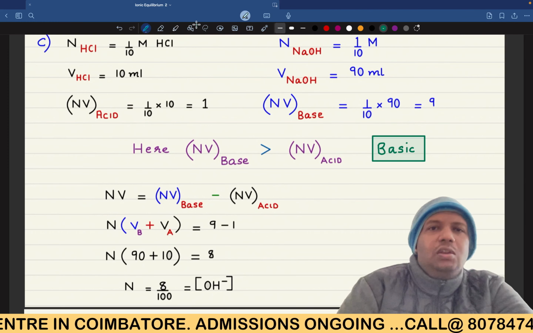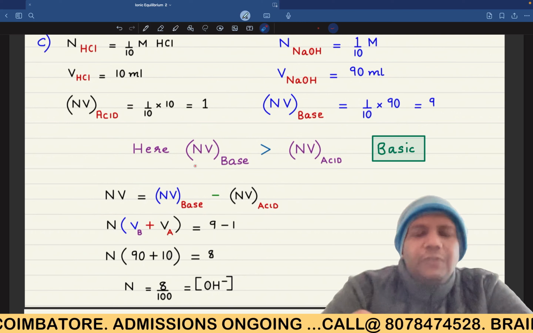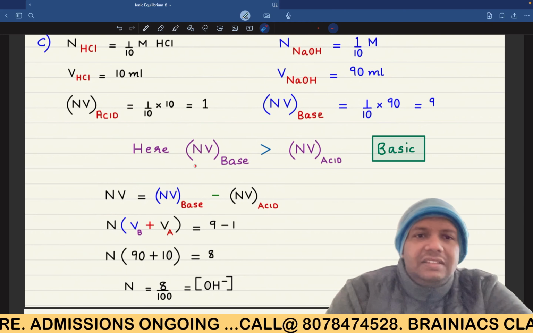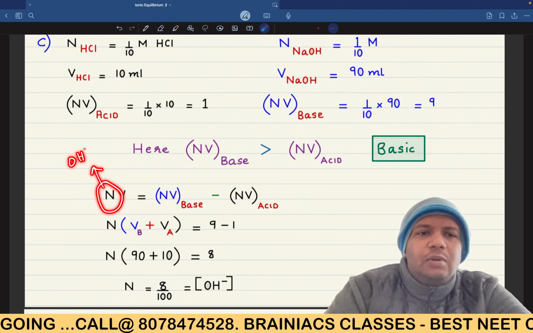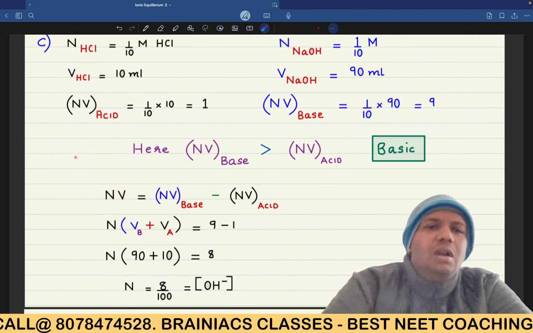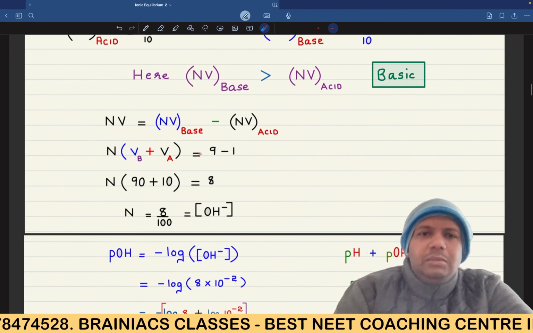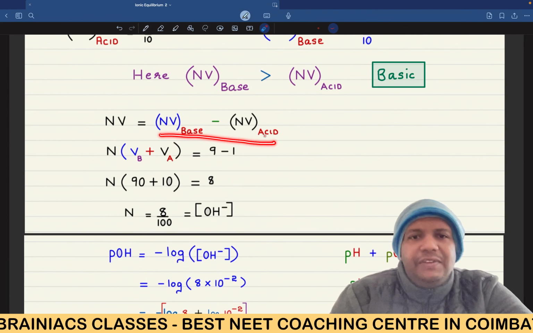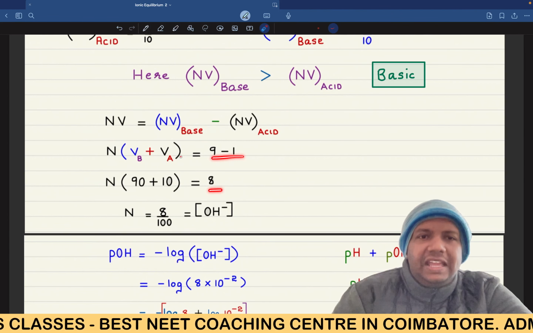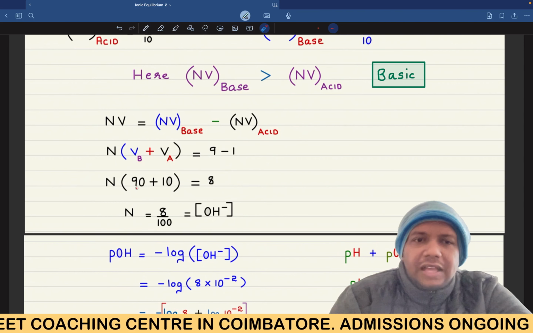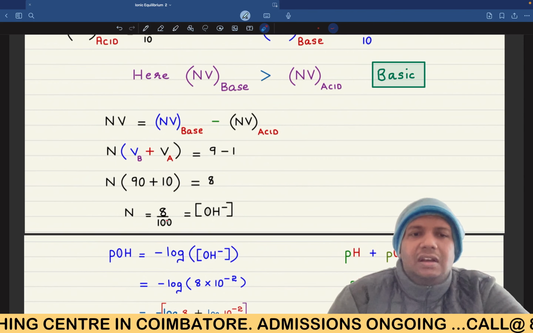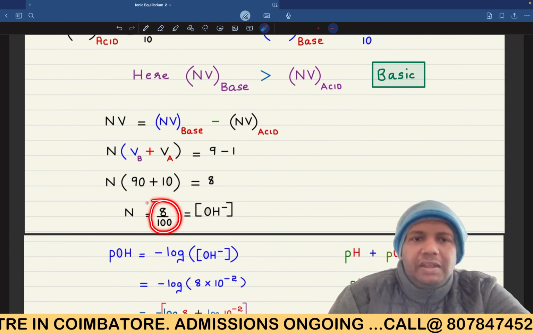Clear? Now what do you do next? If it is basic, then usually this N value will give you the OH minus ion concentration. So we again do the same thing, NV base minus NV acid, that is 9 minus 1, 8. And this V indicates the total volume, volume of the base plus volume of the acid, which you get as 100. So N is equal to 8 by 100.